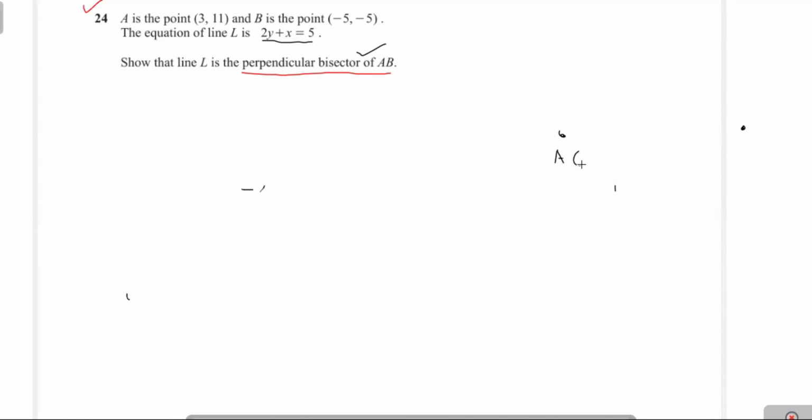Now this point A is (3, 11), and this point B is (-5, -5), and the perpendicular bisector of AB will be the line which passes through the midpoint of AB, and this line is L. This is line L, and we have to find the equation of this line.